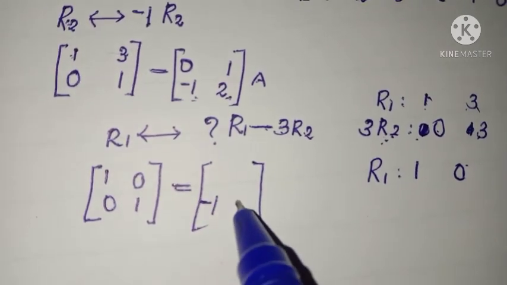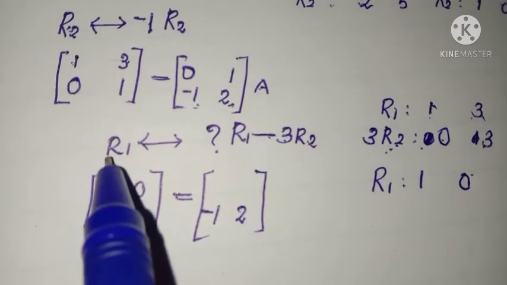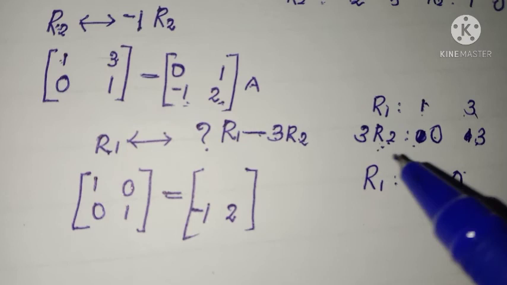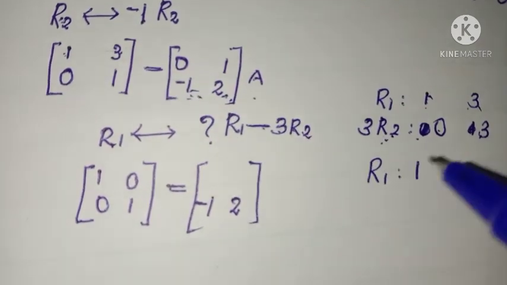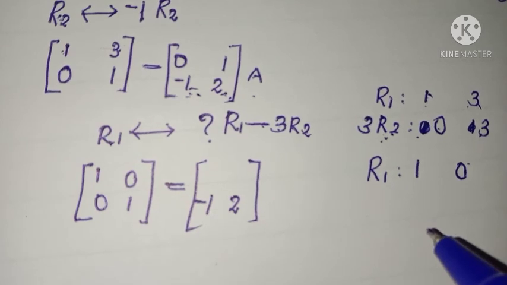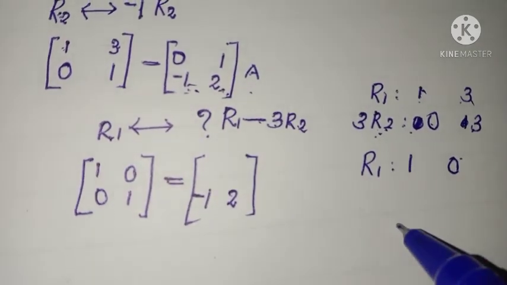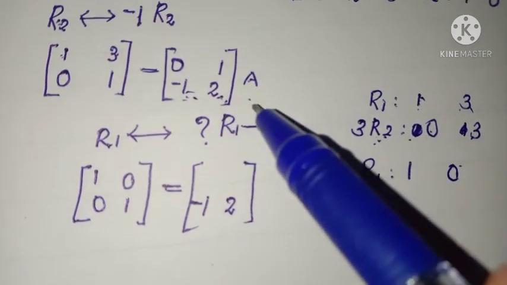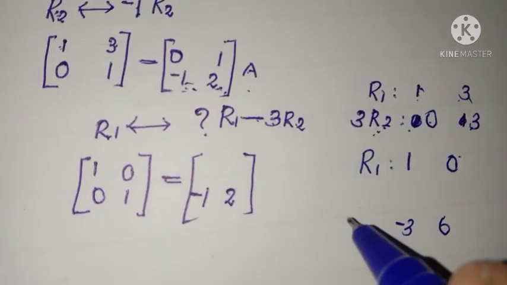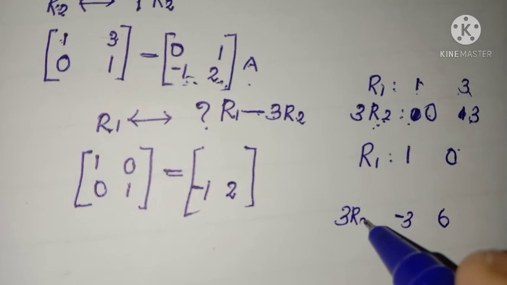similarly here there is no change in R2. So minus 1, 2. We are going to change R1. How? First we need to multiply the second row by 3. So R2 becomes minus 1 into 3, minus 3. 2 into 3, 6. So this is our 3R2.